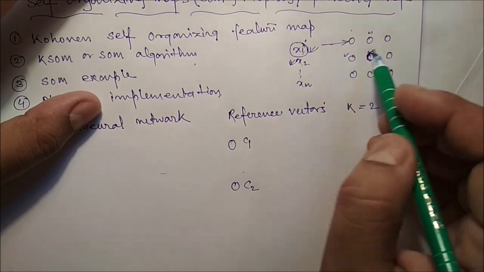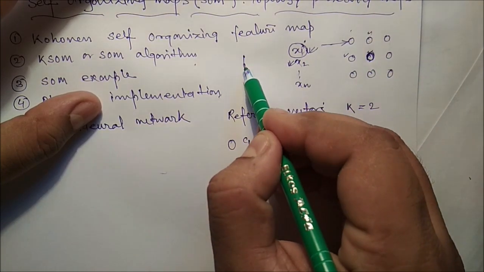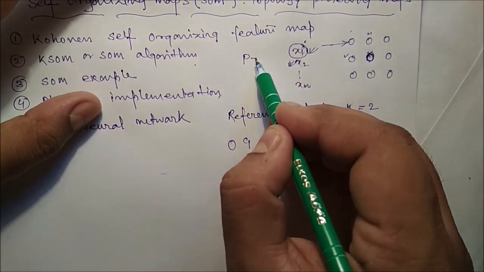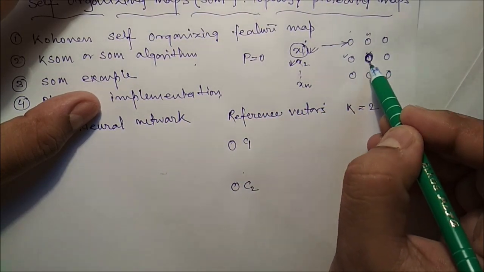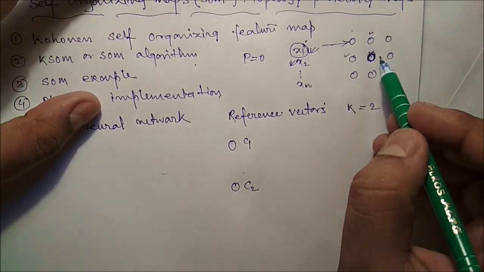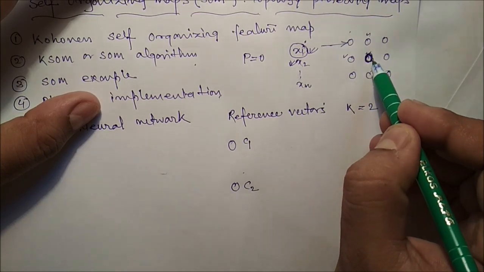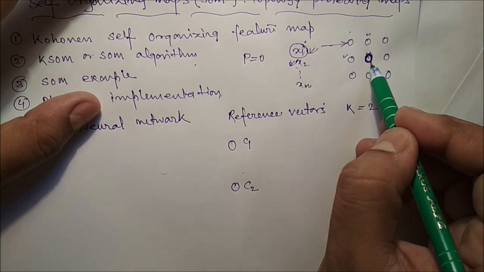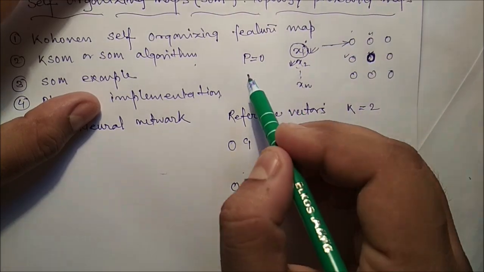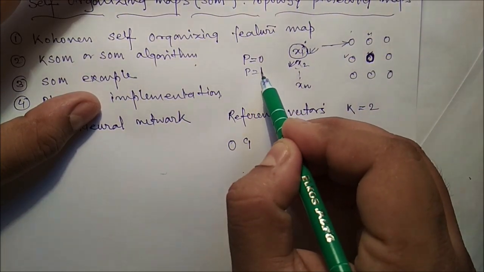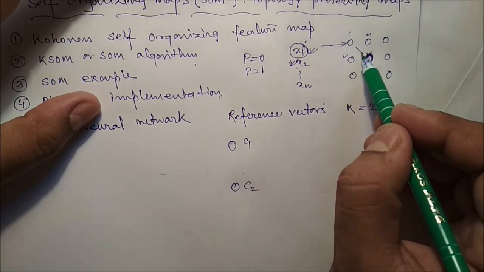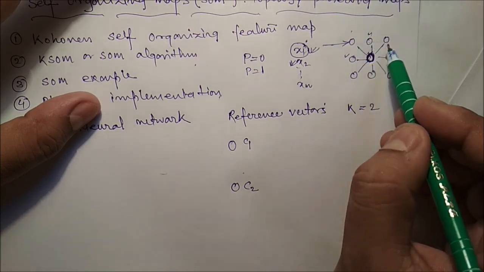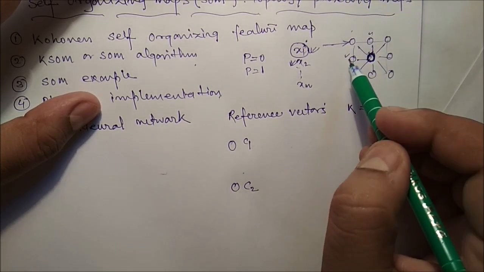Now we select a value p through which we identify the number of neighbors. If p is equal to 0, that means only the nearest neuron itself, so we update only a single neuron. Suppose the nearest neuron of x2 is this one, so we update this one only. Now if p is equal to 1, that means one neighbor, so we update all the single-hop neighbors.